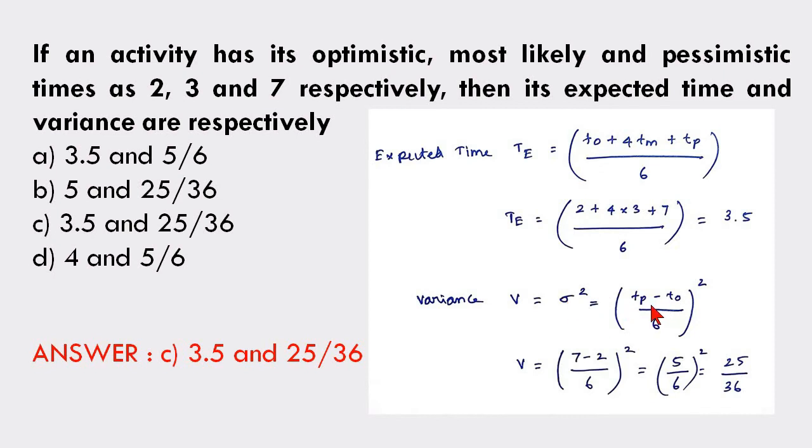Standard deviation formula is Tp minus T0 divided by 6. You will get 5 divided by 6 as standard deviation, and 25 divided by 36 as variance. So here option C is correct.